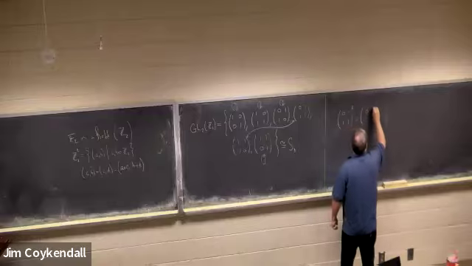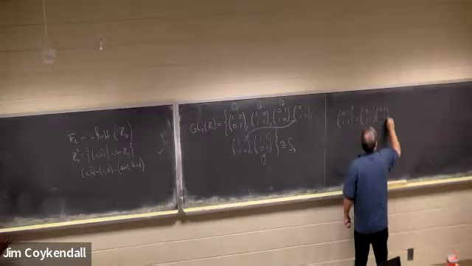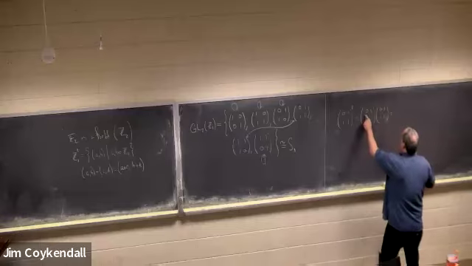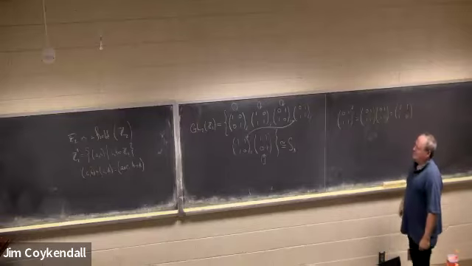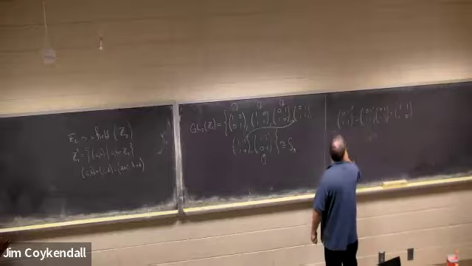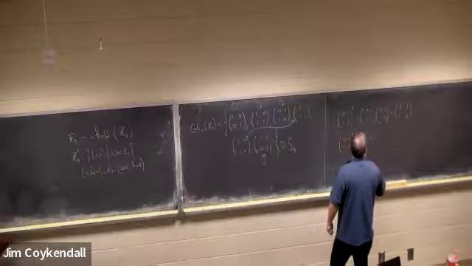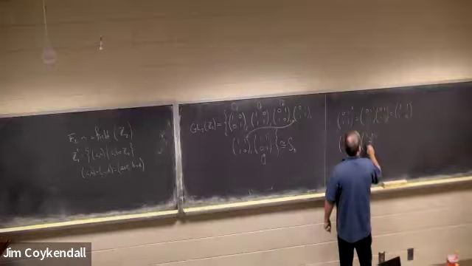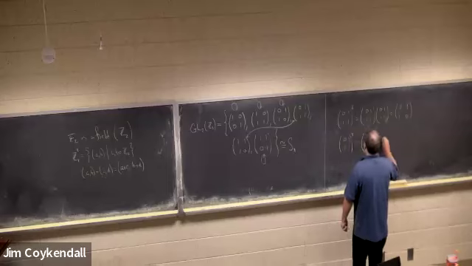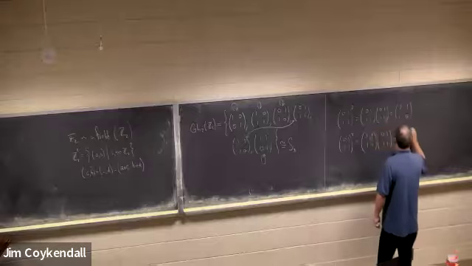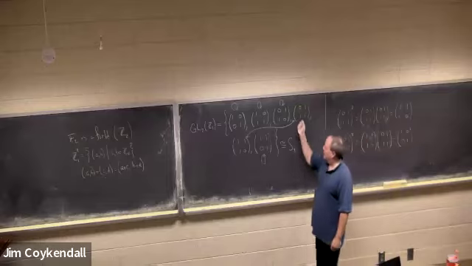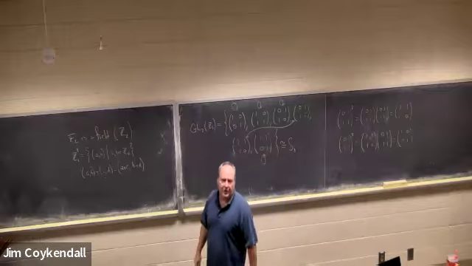This is 0, 1, 1, 1 times 0, 1, 1, 1, and this is 1, 1, 1, 0, which is the other one. And so 0, 1, 1, 1 cubed is the square times 0, 1, 1, 1. So these two elements right here correspond to the 3-cycles.